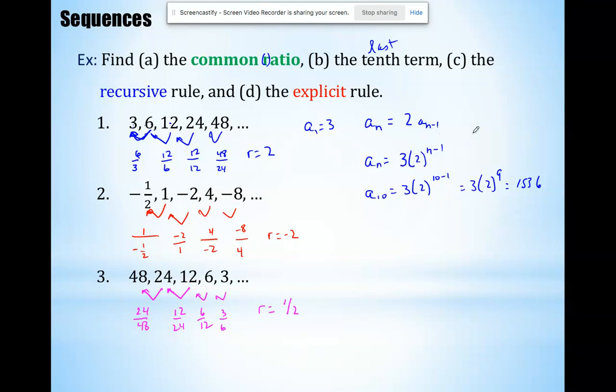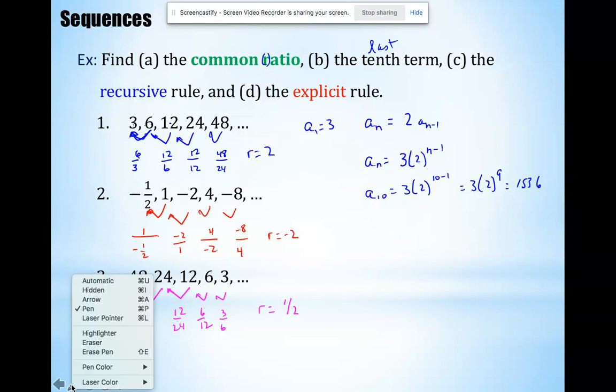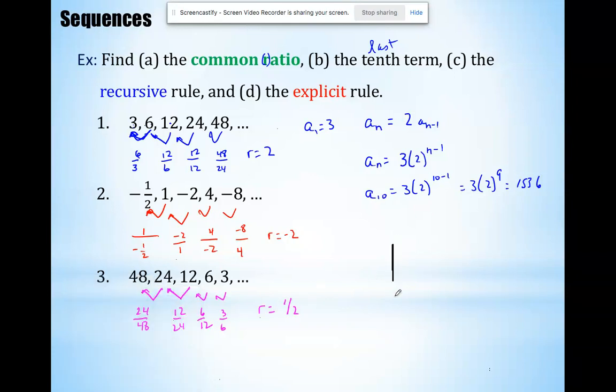Right, so you can do all of these, but I want to talk about the graphs again and this idea of a limit. So geometric, right, is exponential.